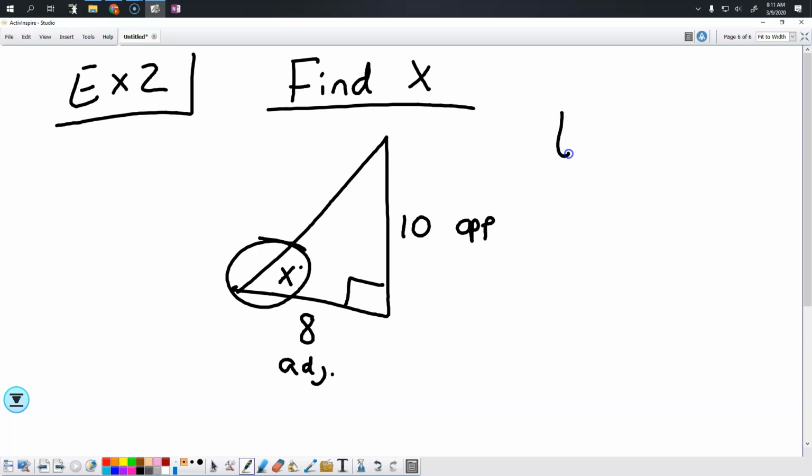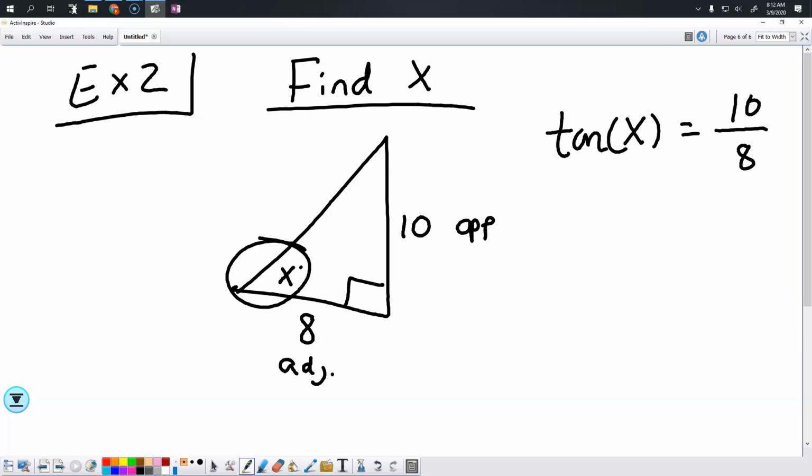Tangent. So now we're going to set up our equation here. And what goes inside the parentheses? X does. The angle. See, last time we had a number going there. But now we've got an x inside the tangent function there. And over here we have opposite over adjacent.